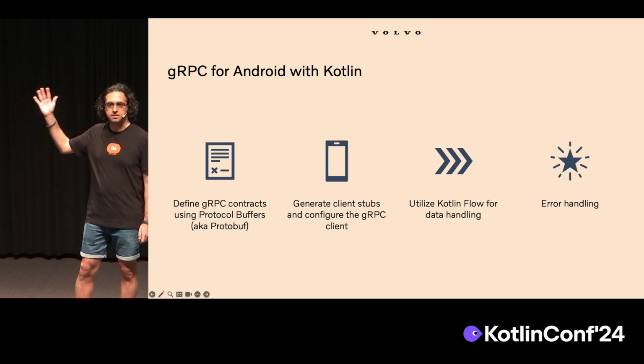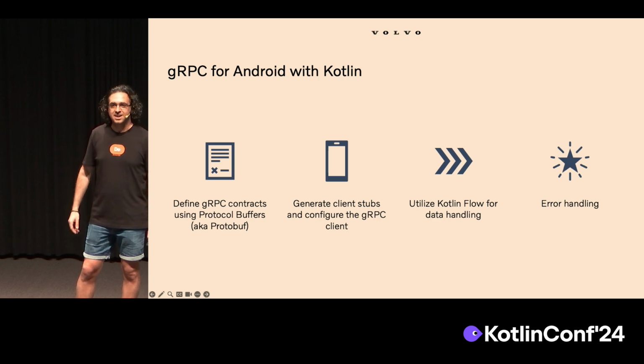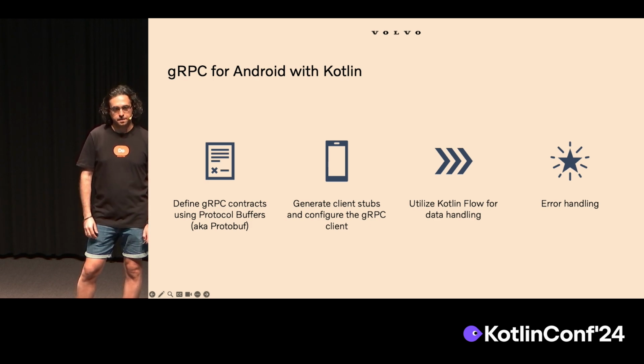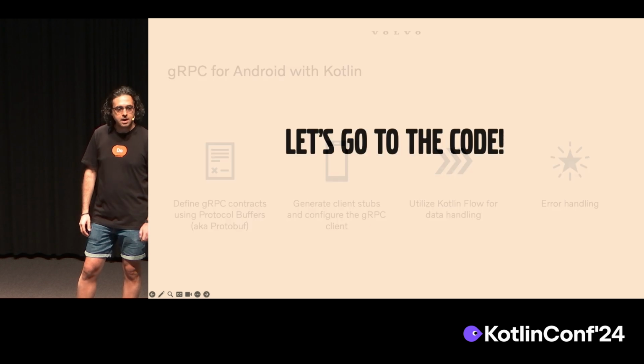You have seen that schema so many times during the talk. After that, we are going to generate the stubs based on that schema, and later utilize Kotlin flow to deal with the real-time data, do a little bit of error handling, and perhaps apply a retry policy if needed.